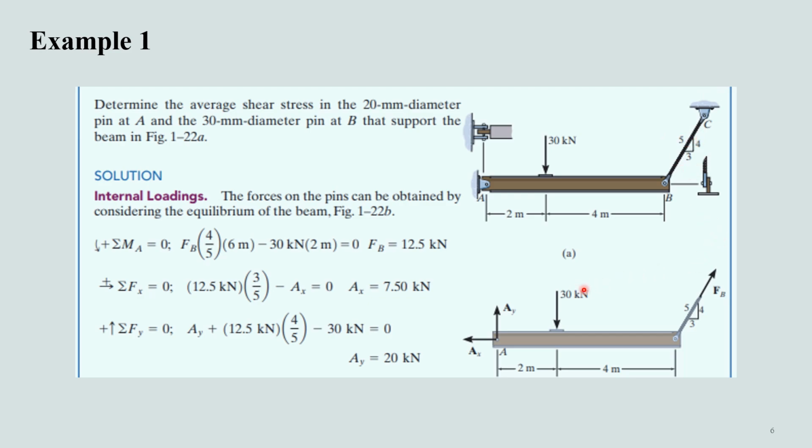Now first of all we need to determine the values of these forces, which can be determined if we take a moment about point A. Since point A is a pin supported joint, it will not take any moment. Thus taking the summation of moment equal to 0 at this point, we get this equation: 30 kN multiplied by this 2 meters, and this will be a clockwise moment.